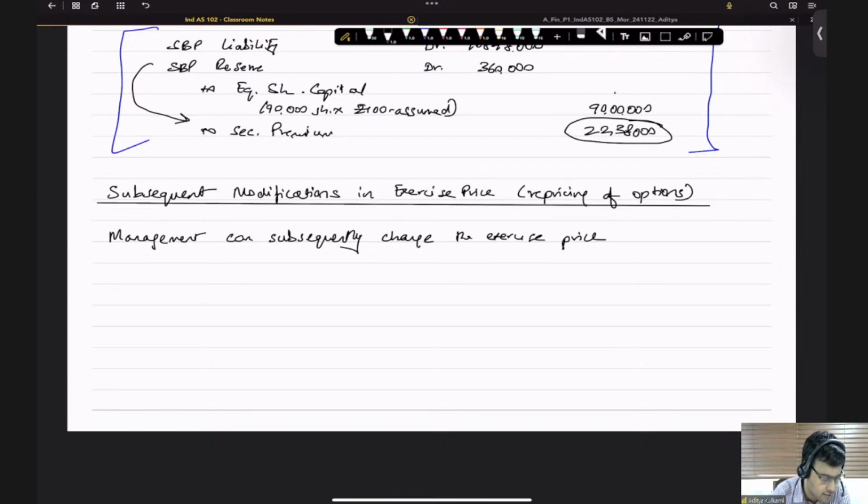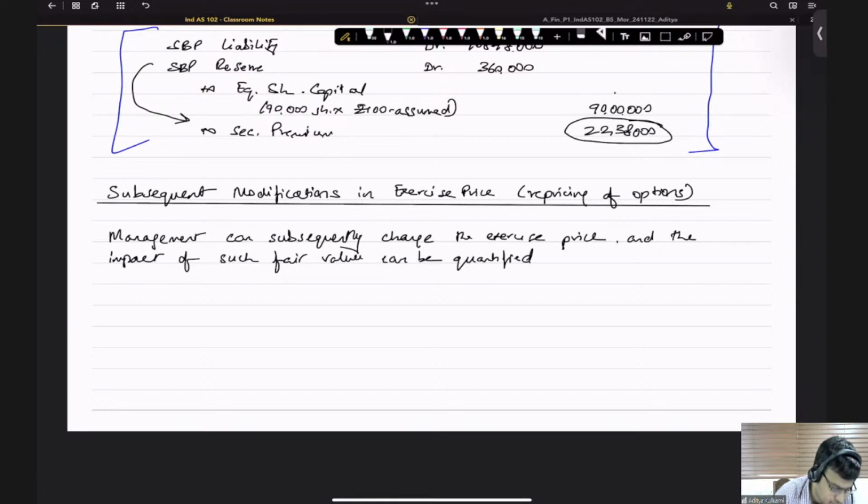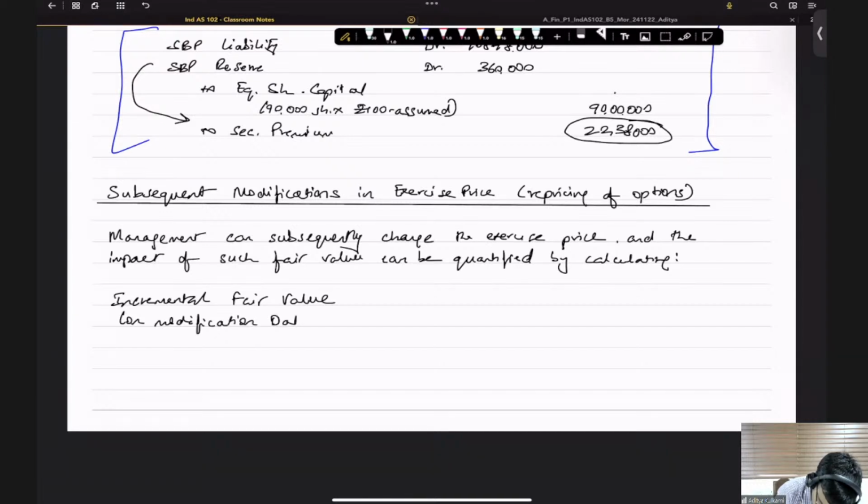Management can subsequently change the exercise price, and the impact of such a change can be quantified by calculating the incremental fair value on modification date, which is equal to the fair value of the revised plan.